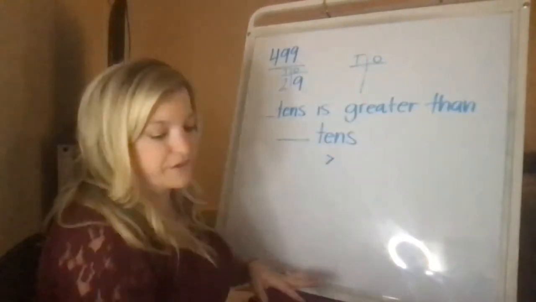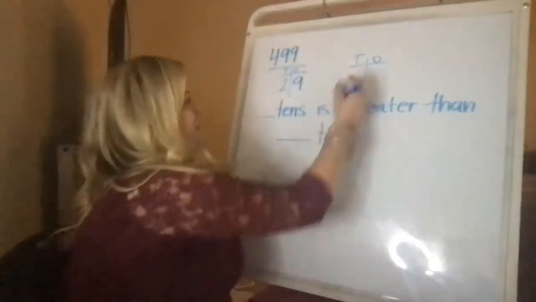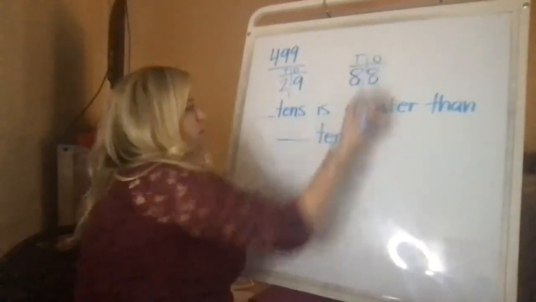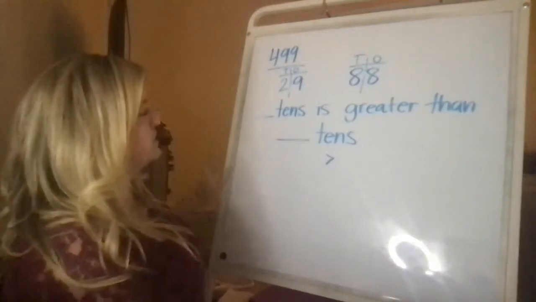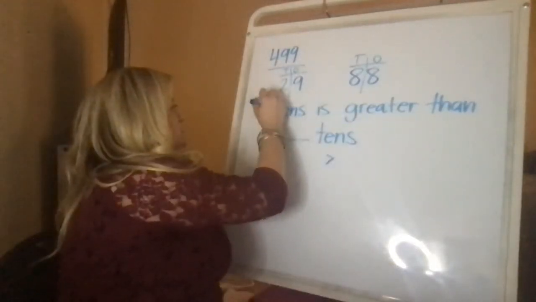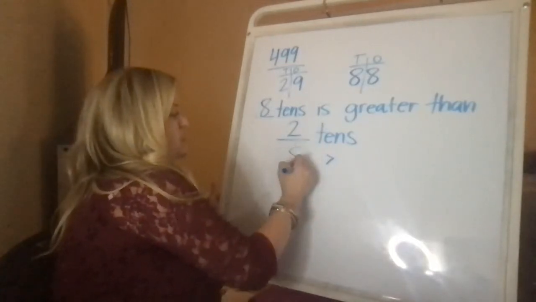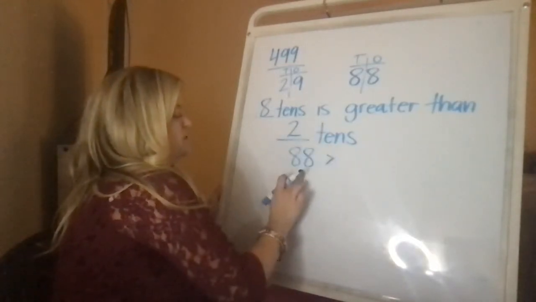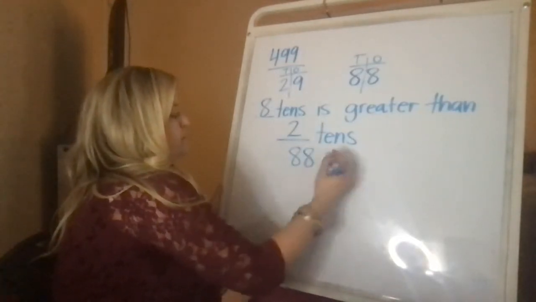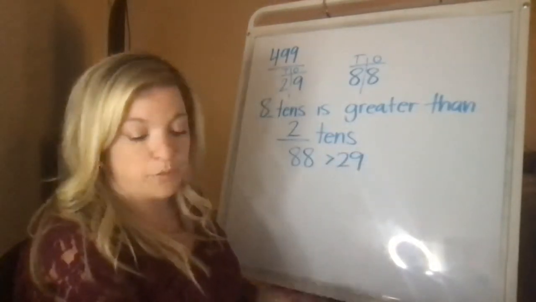We're working on is greater than. 29 and 88. Wow. So now I'm going to look and see which tens is greater. Well, 8 tens is greater than 2 tens. So 88 goes first because it's the biggest number. 88 is greater than 29. And we're going to keep going.